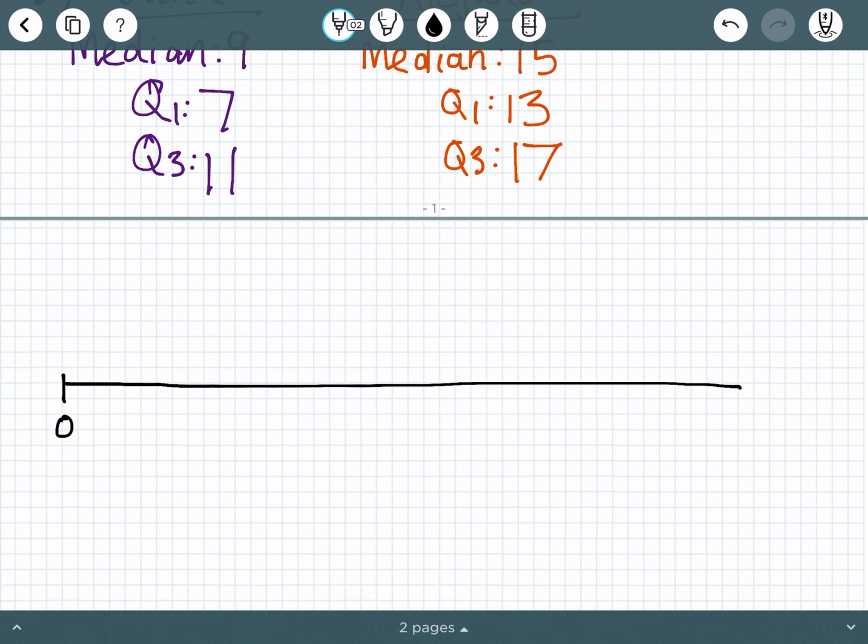That's fine. All right, so I have my number line that goes from 0 to 60.